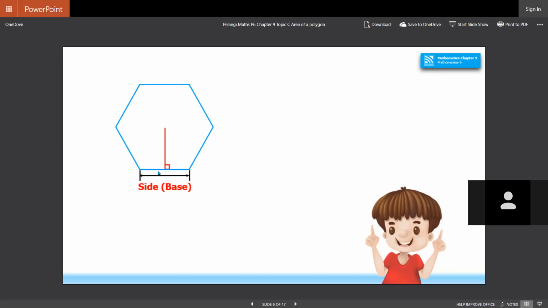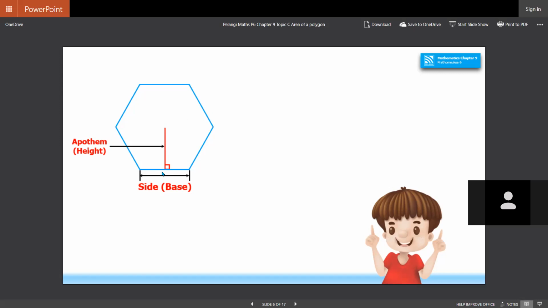That red line is called the apothem. Apothem, A-P-O-T-H-E-M. All right, that's the name here. There's always a line from the middle of the polygon to the sides. It's more like the height of a triangle.